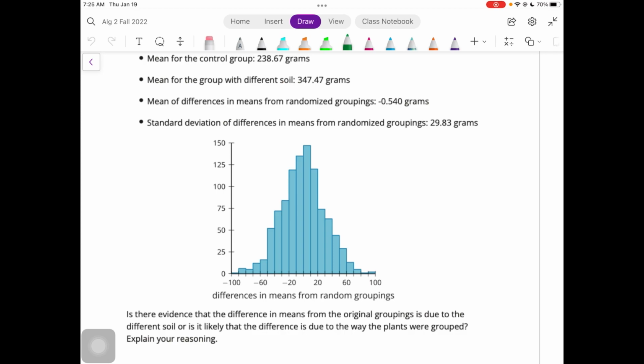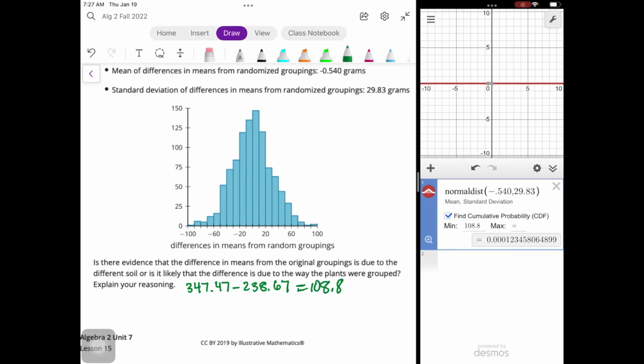The original difference between the means, we can get by taking 347.47 minus 238.67, and we end up with 108.8. So our original difference was 108.8.